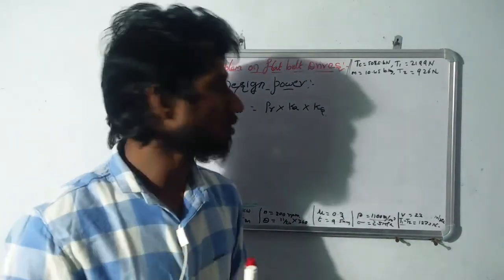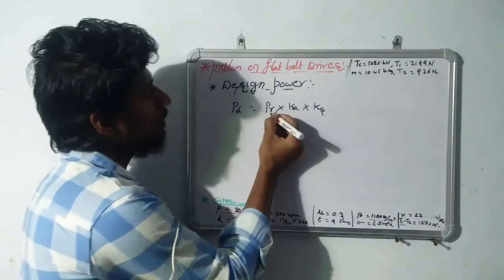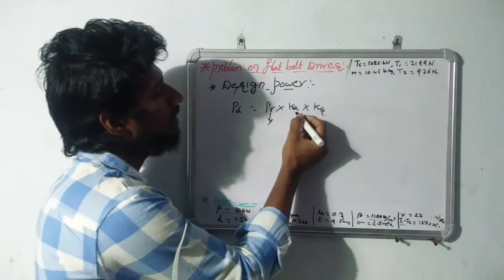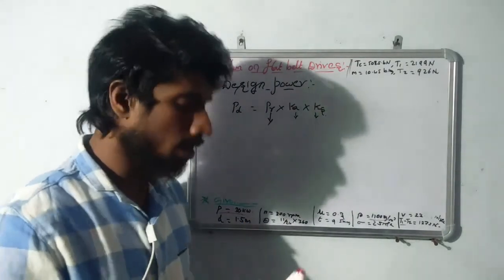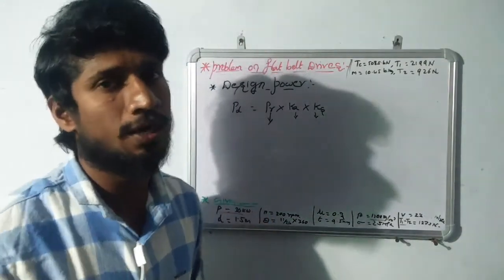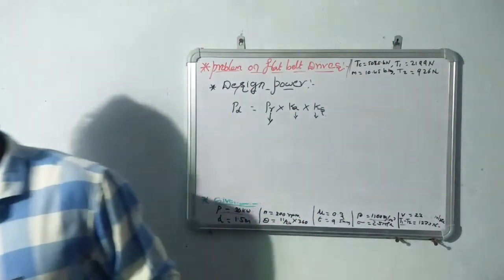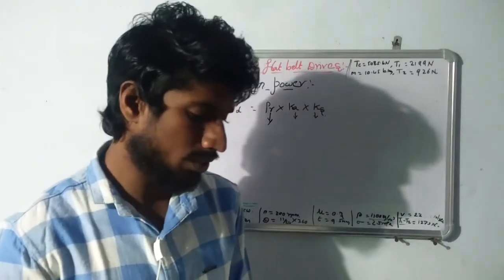Here we know the value of the specified or rated power, but we don't know the arc of contact factor and the service factor. So for that purpose, we are using the design data book to consider these two values. Let's see how we consider those values here.